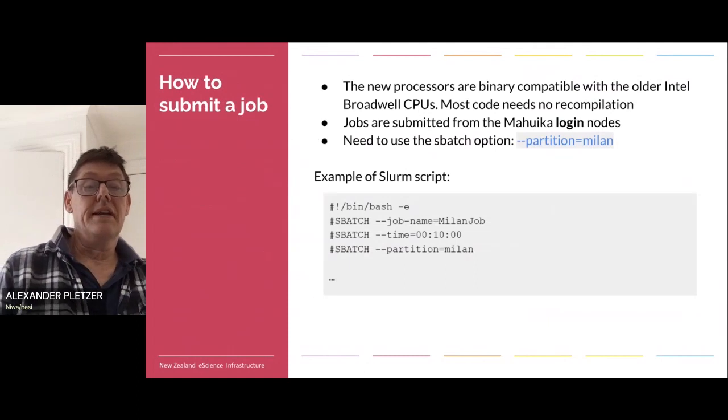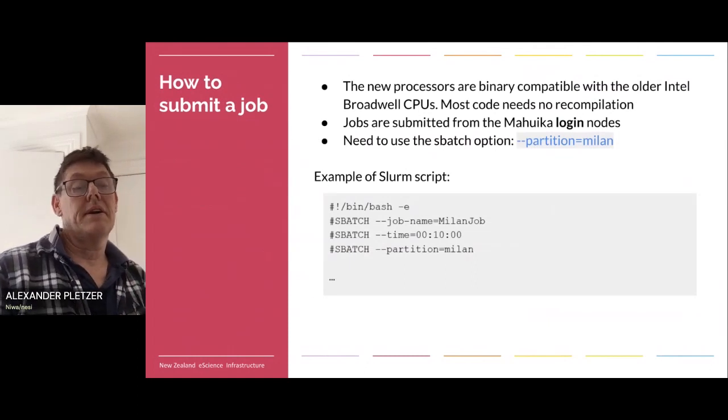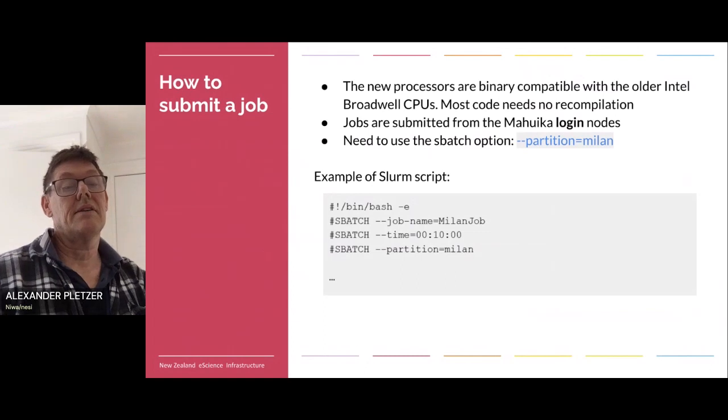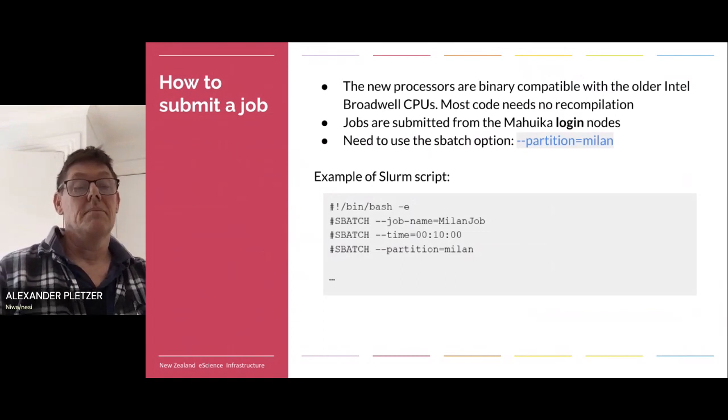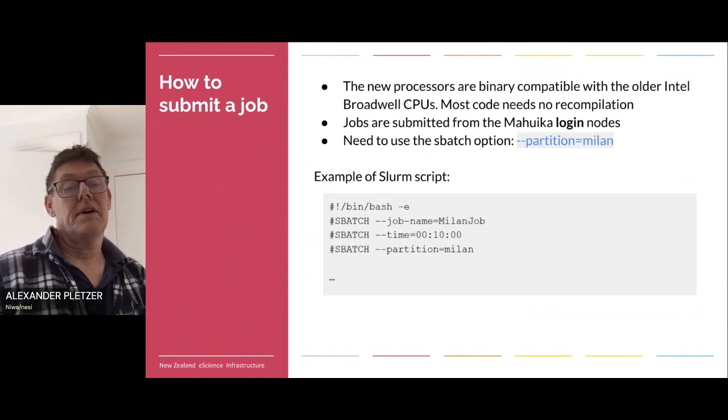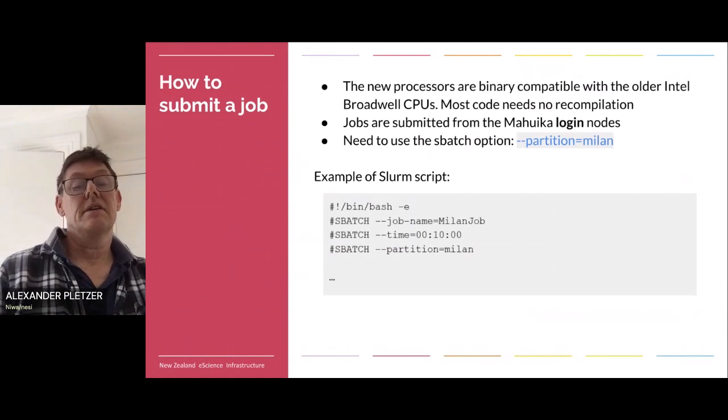The only thing that you need to be aware of is that when you run your Slurm script, you just put all your usual configuration or settings such as time limit and job names and so forth. But now, in addition, you have to specify --partition=milan.